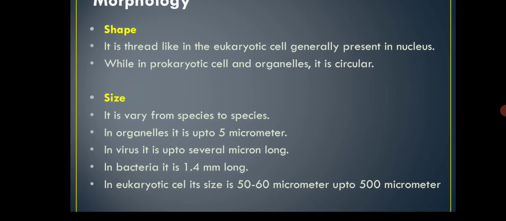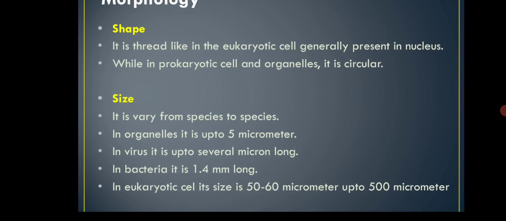Let's see the morphology, that is, the structure of this DNA. Its shape is generally thread-like in eukaryotic cells and present inside the nucleus, while in prokaryotic cells and organelles it is circular in shape.